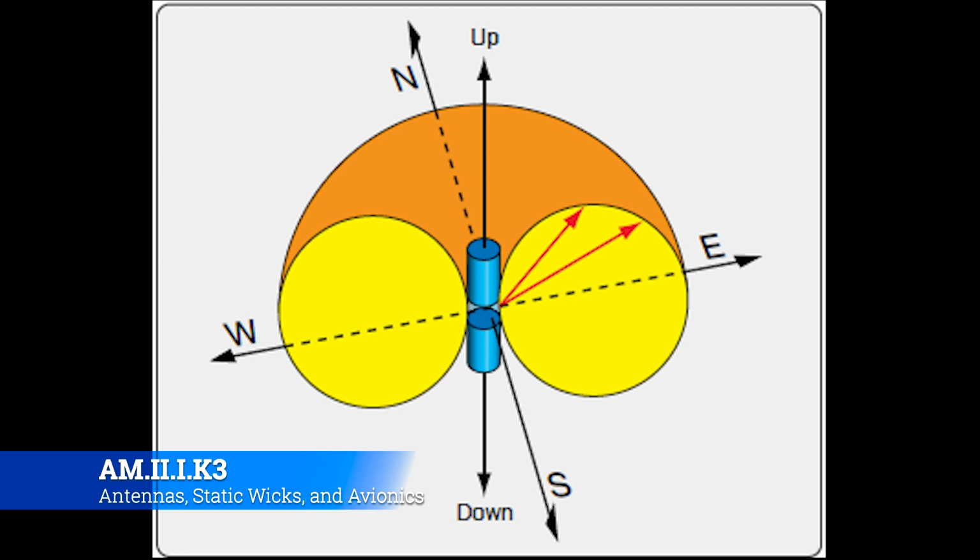So, that's a long-winded way to say that your antenna is going to have a certain lobe pattern. What you're looking at is the lobe of an antenna that comes around.